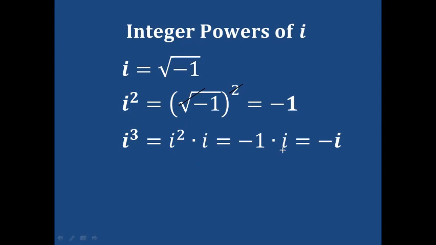So i squared times i is what we have. And if we consider i to be a constant and we multiply that by -1, that equals the negative version of that constant. Or we can say that it is equal to -i in this case.